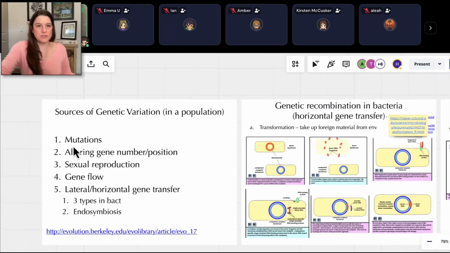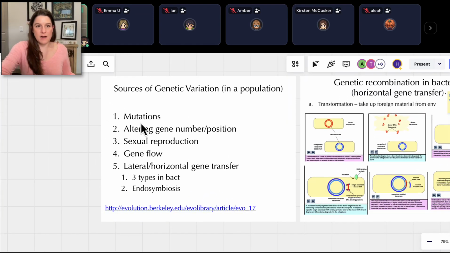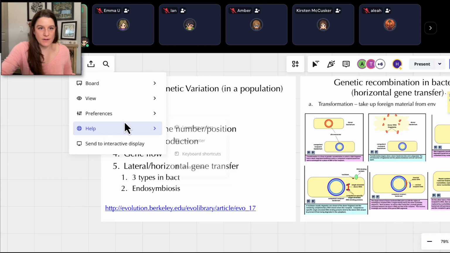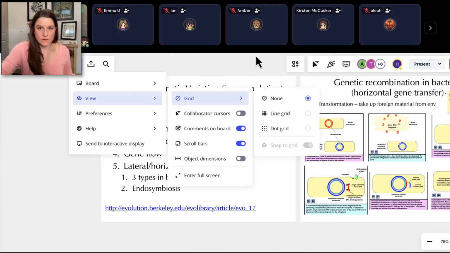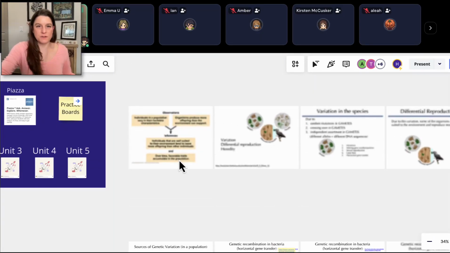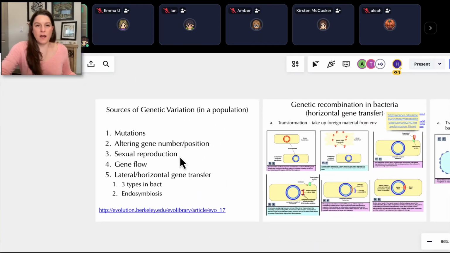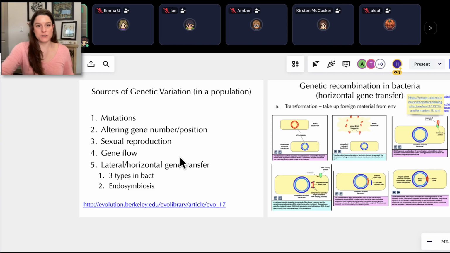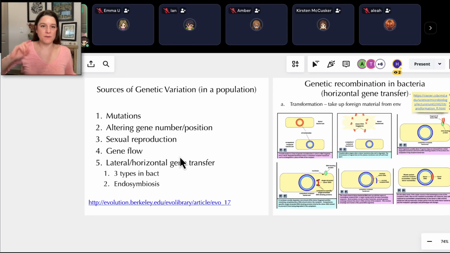All right. So let's just remind ourselves about sources of genetic variation. I'm on the slide, the second row, you can follow me. This is to remind you about the sources of variation, because you have to have variation before you have the ability to have selection happen and a shift in populations.